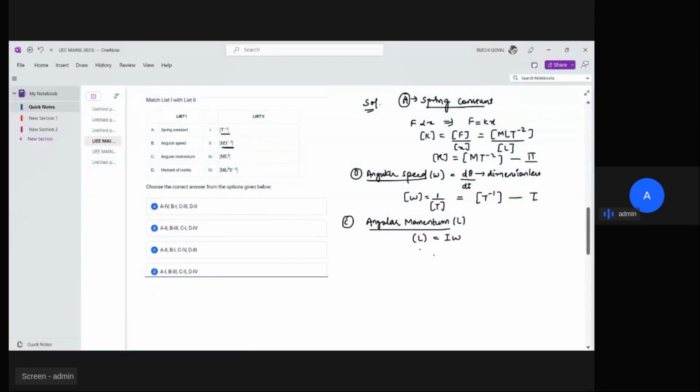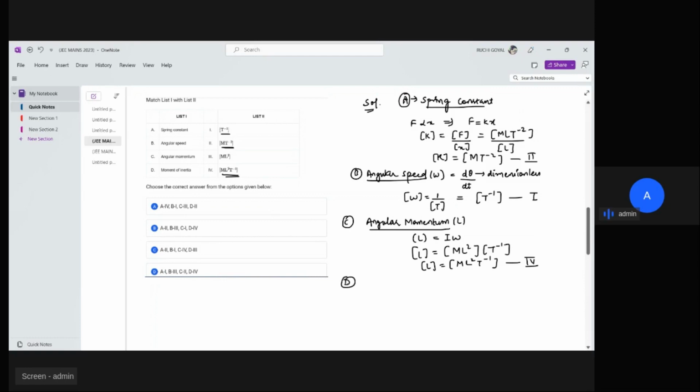So what is the dimension formula for L? I is M L^2, and what is omega? We have studied, T^-1. So what will be the dimensions of L here? It will be M L^2 T^-1. So M L^2 T^-1 is in the fourth option. So this will be the fourth.